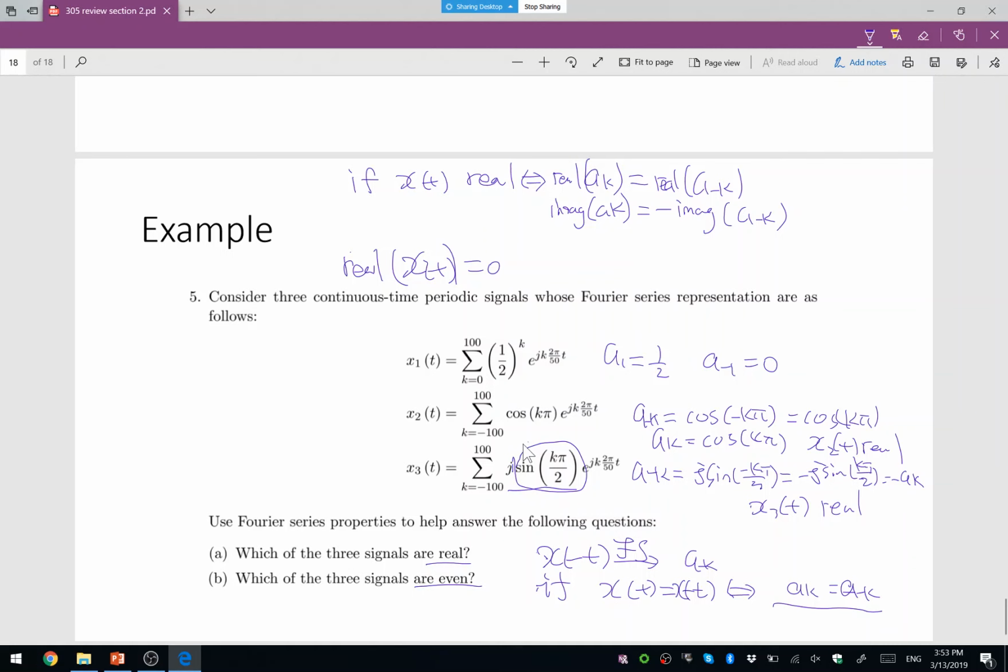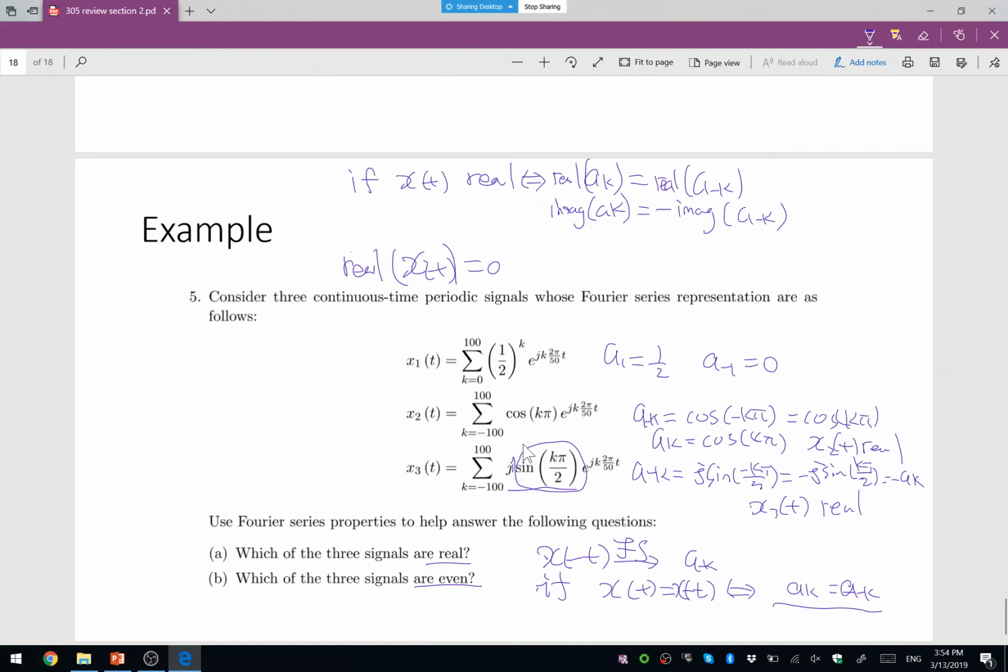It's all imaginary, so the real parts are 0, so this one is satisfied, and the imaginary part of that is sine, and we have already calculated here that a_{-k} is minus a_k, and that's all imaginary, so it satisfies this odd symmetric thing.